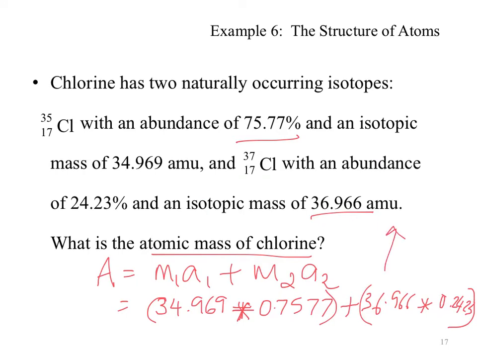Make sure that you keep the sig figs intact, and in that, whenever you are multiplying two numbers, you look for the least significant figure. Whenever you're adding, you're going to look for the most decimal place, and when you work this problem out, your answer comes out to be 35.45 AMU.